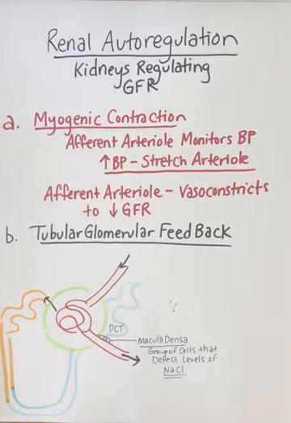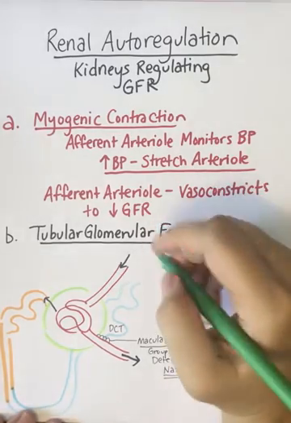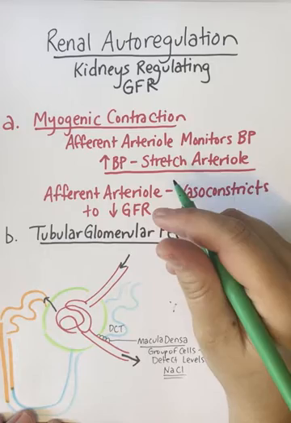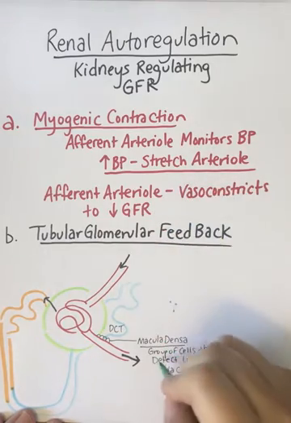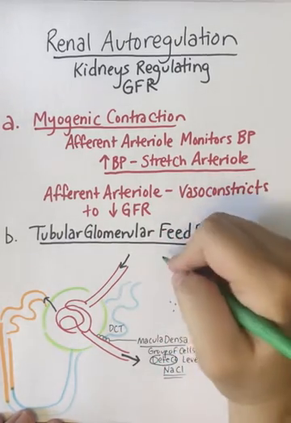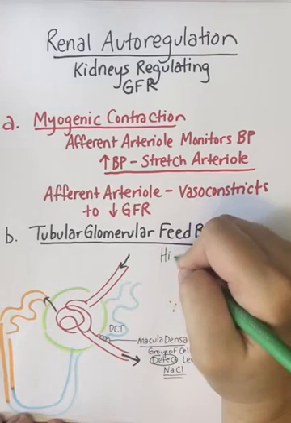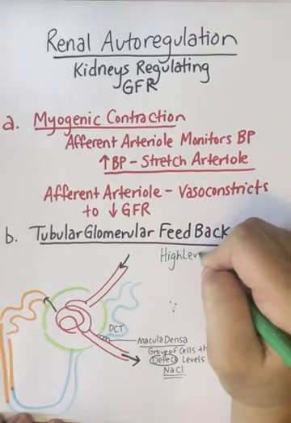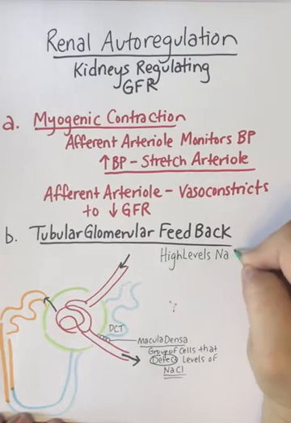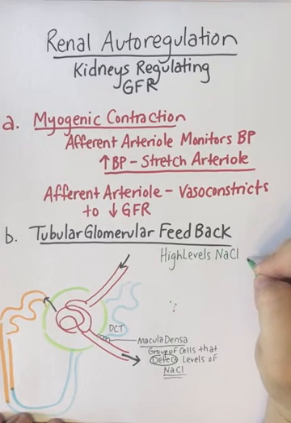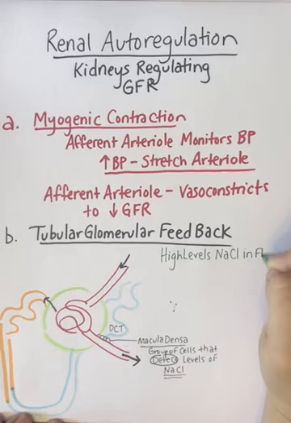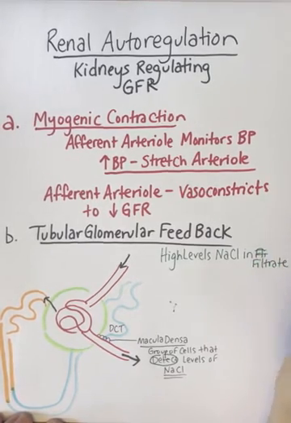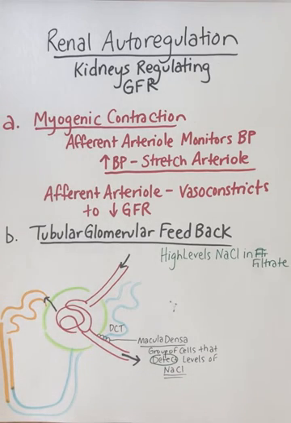So when we basically detect that we have high levels, the macula densa is going to be what detects when we have high levels of sodium chloride in the filtrate. We need to basically start saving some water.